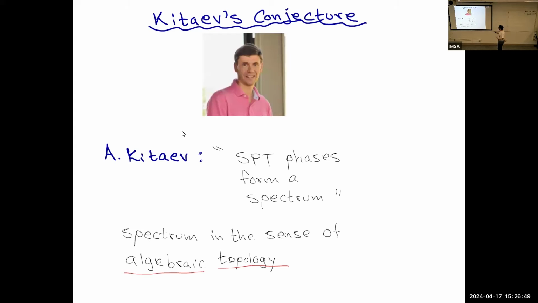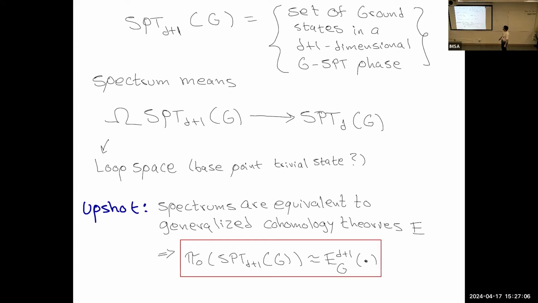So almost all of the proposals fall under Kitaev's conjecture. Kitaev did not assume Lorentzian symmetry, but he did say SPT phases form a spectrum. So what is a spectrum? Well, a spectrum in the sense of algebraic topology, and I'm not going to have much time to explain what that is. But suppose your set of ground states for d-dimensional SPT phases forms a space; you give it a topology.